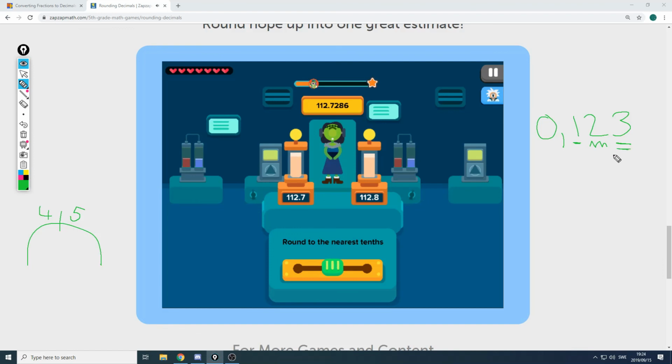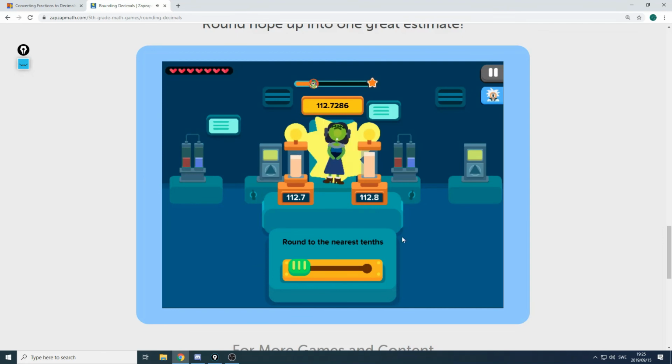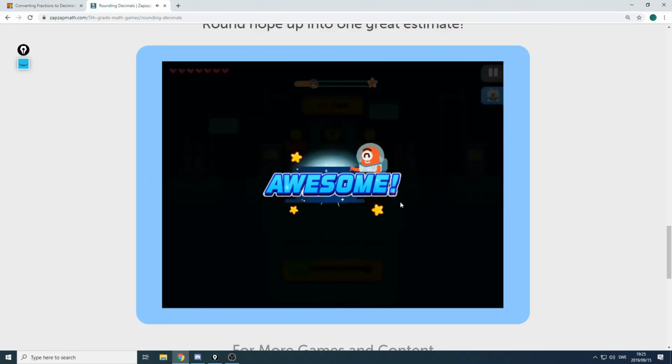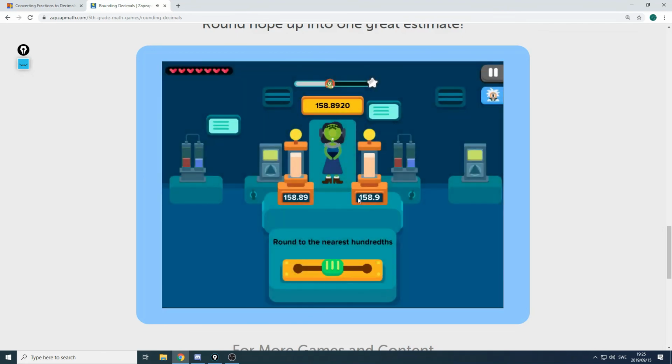And this works exactly the same way. I just need to look at the right decimal point. So here, if I'm rounding to the nearest tenths, I'm looking at the 7. The number after it is 2, so it's not going to round up, it's going to stay the same. 112.7. Wow, awesome.